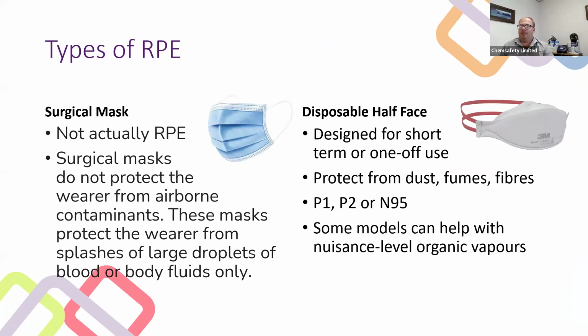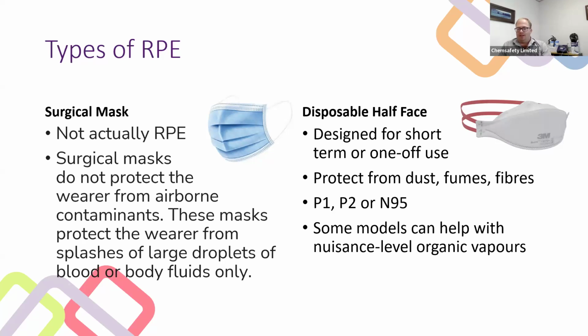So, in a bit more detail, we've got surgical masks, and they're not actually RPE. COVID did educate a lot of people about various types of respiratory protection, and we did hear this being called respiratory protection, but it's not. They're designed to protect the wearer from gross splashes of droplets or bodily fluids.